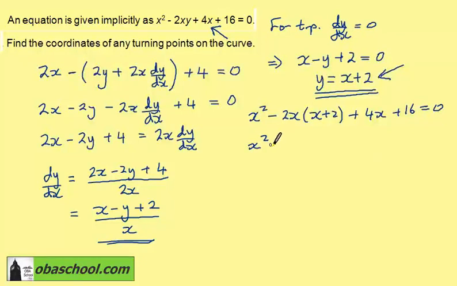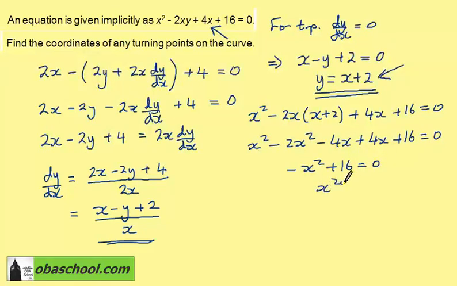That's x squared minus 2x squared minus 4x plus 4x plus 16 is equal to 0, giving us minus x squared plus 16 is equal to 0, and therefore x squared equals 16. So x is plus or minus 4.